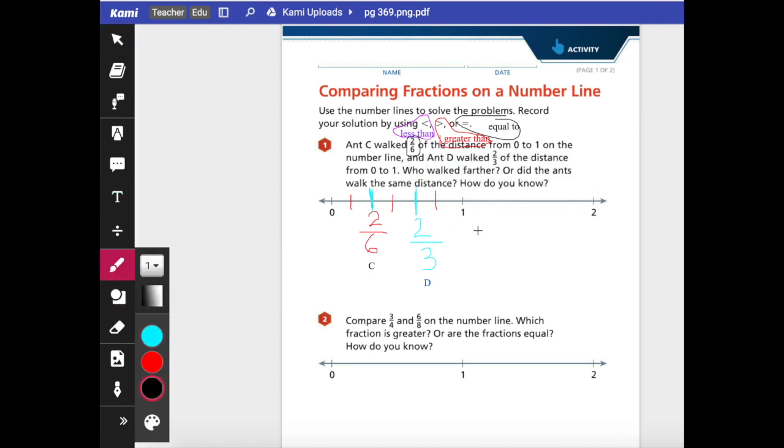What I can write is that 2/3 and 2/6. And I want to figure out who walked farther. Which sign would show me that 2/3 is greater than 2/6? I would know this sign because my alligator mouth is pointing to the bigger number.